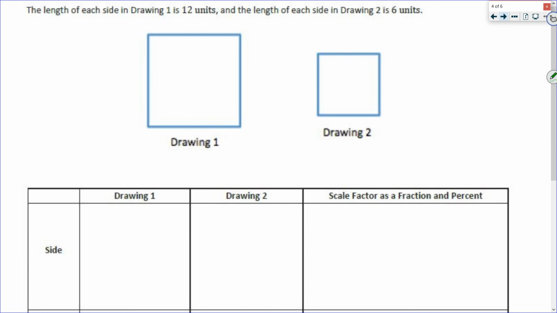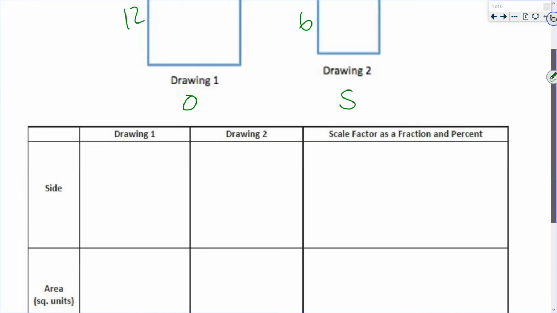All right, so we got our last one right here. Remember, drawing 1 is the original, drawing 2 is the scale. Okay, so the length of each side in drawing 1 is 12 units, and the length of each side in drawing 2 is 6. So we're going to do the same thing again, scale over the original.